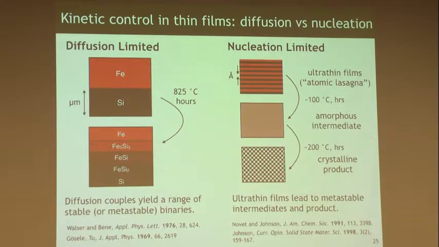You heat it a little hotter, and it forms a crystalline product. So these ultra-thin films can lead to metastable intermediates and metastable products. We're seeing something very similar, but on the bulk scale now. Now we're dealing with grams of powder as opposed to maybe an overall layer thickness of 100 nanometers. But it's pretty amazing to me that we can think about these two different types of pathways.